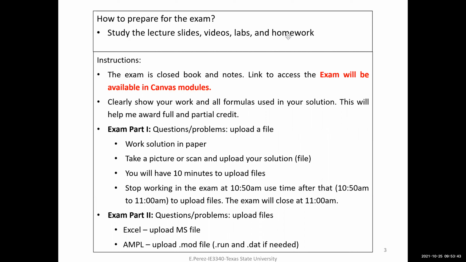The run file is not needed. I always show you how to run the model using the .run file, but you can actually type those instructions in the console and it will solve the problem.